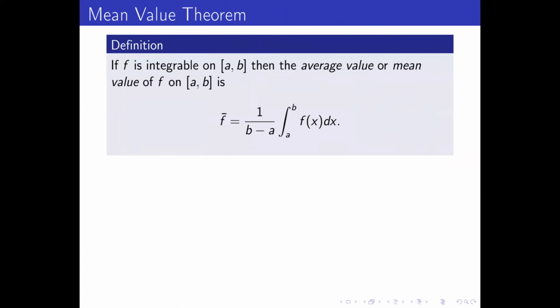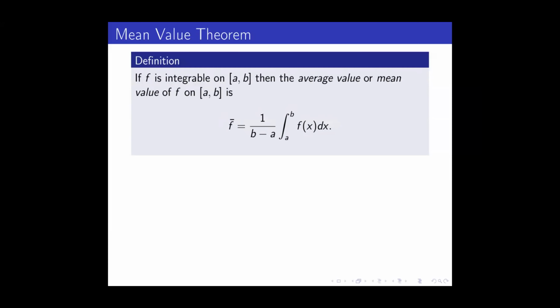Suppose f is integrable, then we say that the average value for f on this interval is the integral of f divided by the length of the interval. So f bar here. Sometimes to make it clearer which interval we are looking at, we use this notation: f bar and then the interval down here.